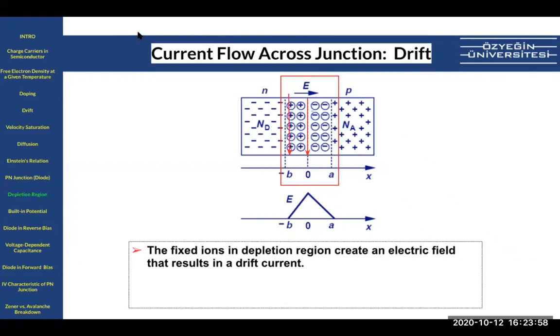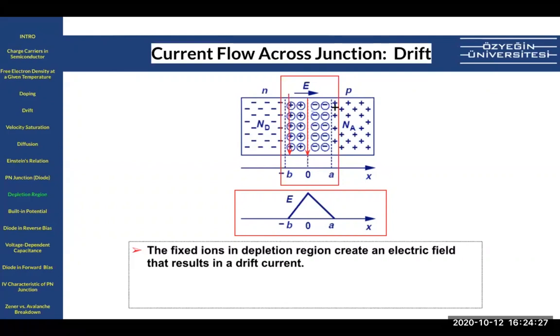So that's why if you look at this figure at the bottom, you can see that at some point in the middle, which we call the zero junction, zero x, we'll have the maximum electric field. And it's not necessarily B equals A, because if the pluses are heavily doped, they will fit much more into a smaller region.